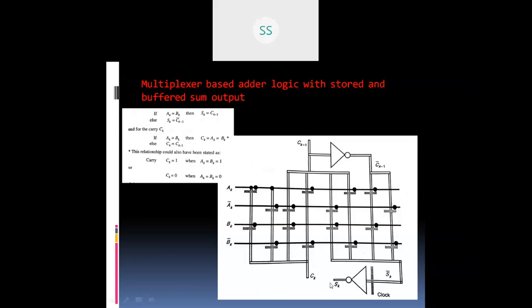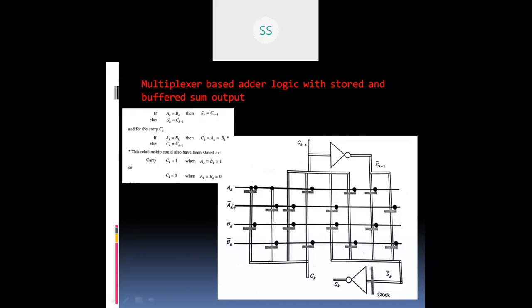Now we will just check with this. According to the truth table, for AK and BK, for example, AK bar and BK, that is both are 0 0.